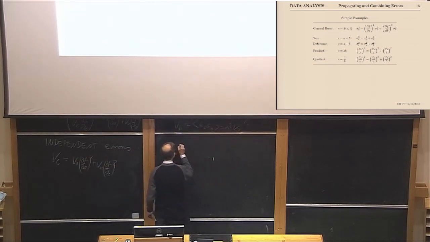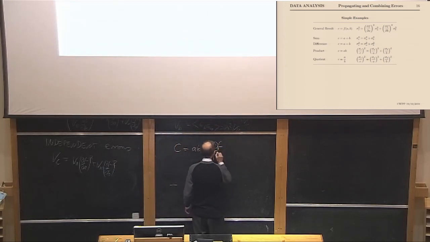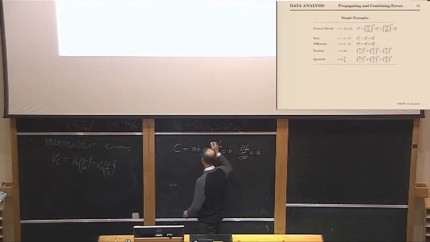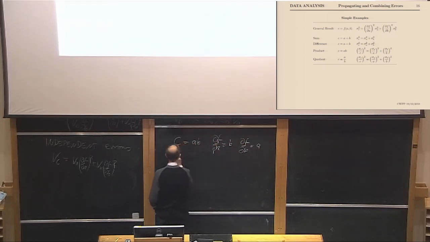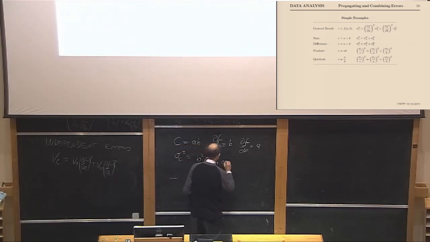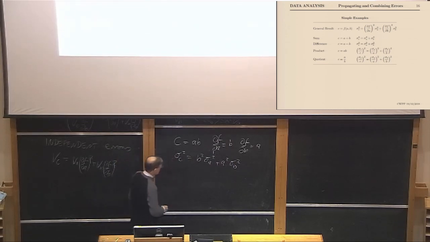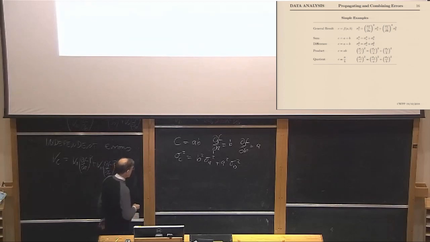Okay, so C equals AB, and so dF by dA is B, and dF by dB is A. And so sigma C squared is B squared sigma A squared plus A squared sigma B squared. Now, there's a slightly more memorable way of saying that.